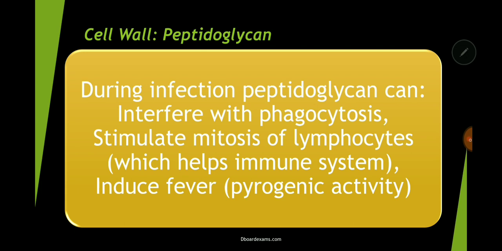So during infection, peptidoglycan can interfere with phagocytosis. Remember that's one of the importance of the cell wall of bacteria. They use it to prevent the macrophages or dendritic cells from phagocytosis. So the cell wall is critical for bacterial survival, or evasion of the host immunity.